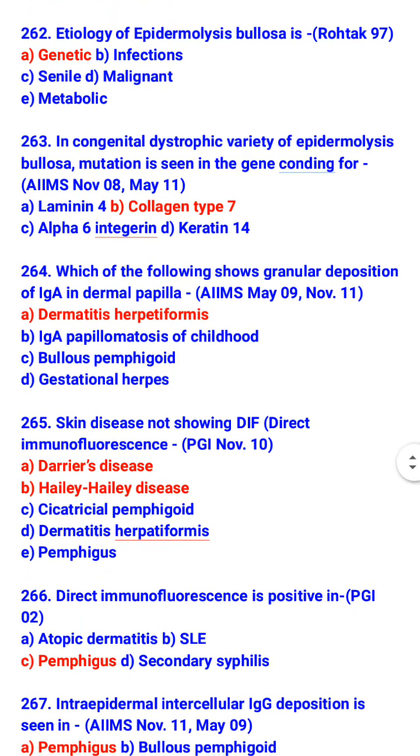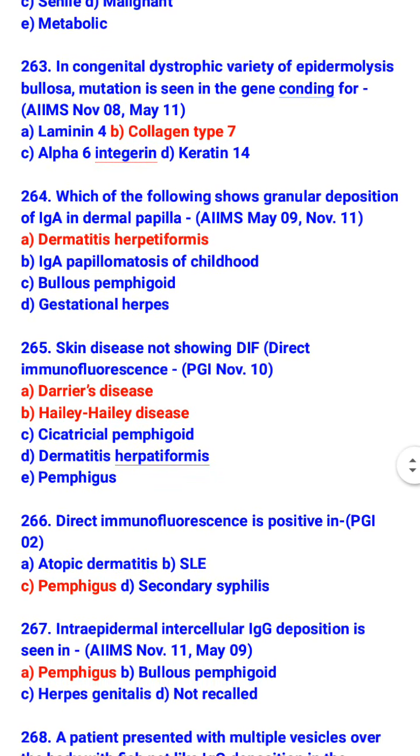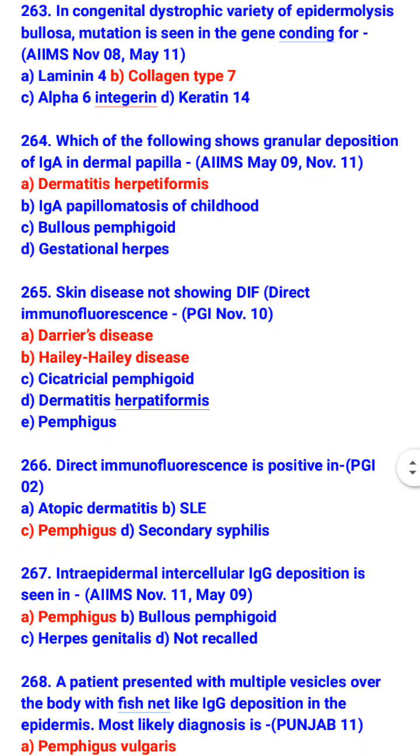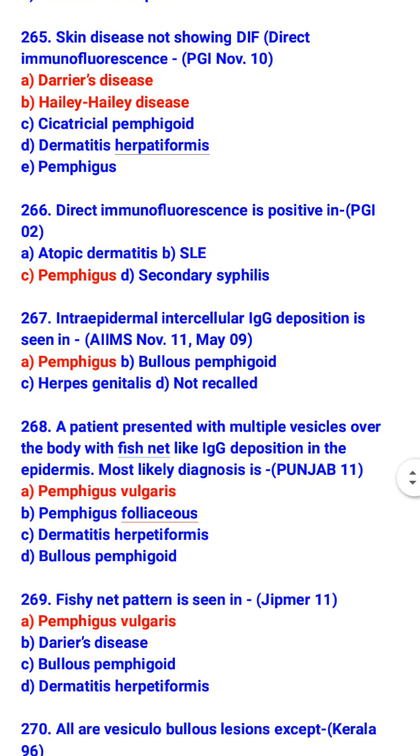Which of the following shows granular deposition of IgA in the dermal papillae? Dermatitis herpetiformis. Skin diseases not showing positive DIF, direct immunofluorescence, are Darier's disease and Hailey-Hailey disease. So in cicatricial pemphigoid, dermatitis herpetiformis and pemphigus, direct immunofluorescence is positive.